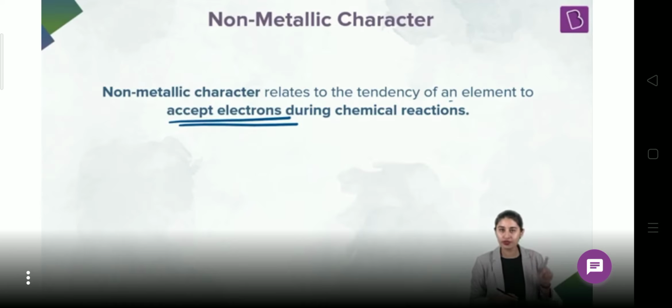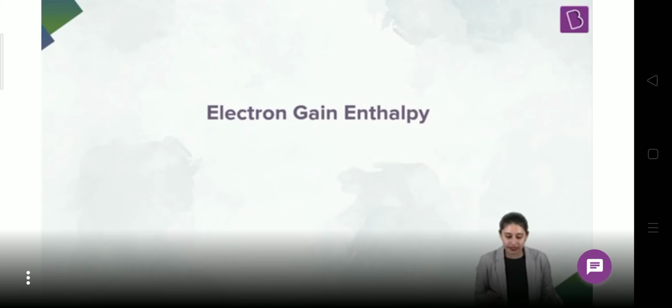This accept term is very important. To accept an electron, we need to understand electron gain enthalpy. So what is this electron gain enthalpy? Let's understand.